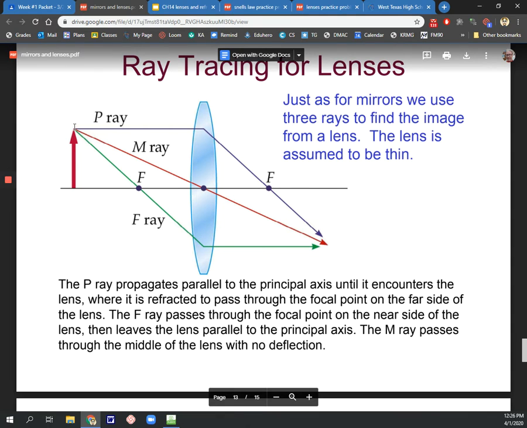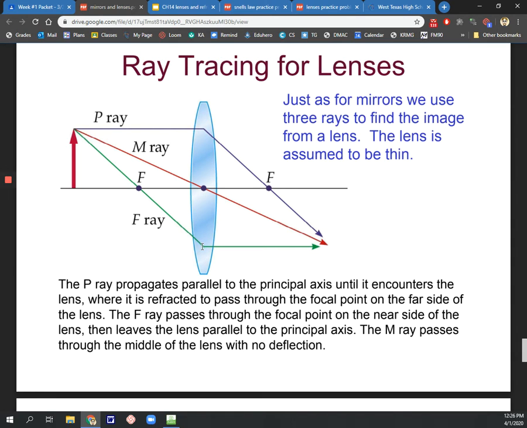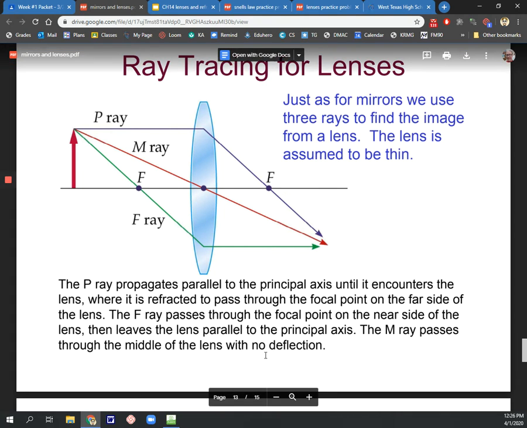You've got one that is going to go through the focal point on your own side until it strikes the lens, and then it is going to pass through the other side. Now, we've got something new right here. The middle ray is actually going to pass through the center line at the center plane of that lens without being refracted.